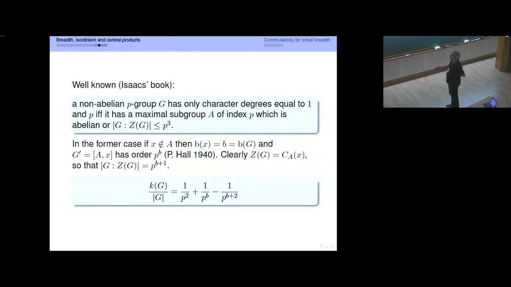Okay, and or the center has very small index.